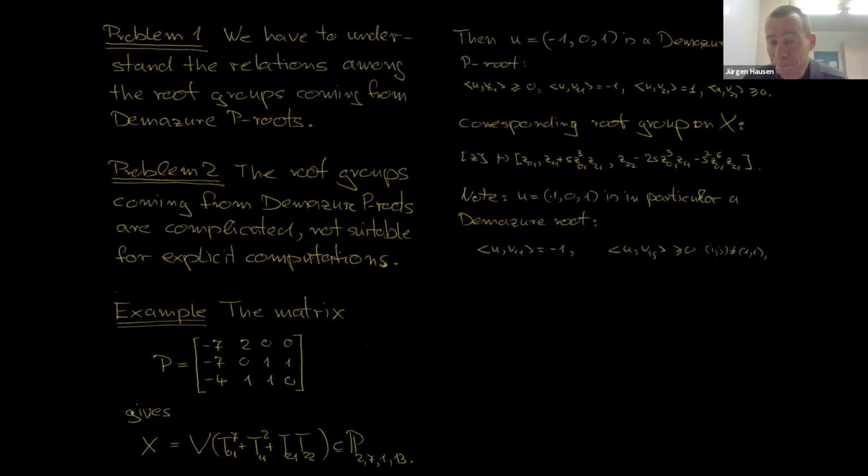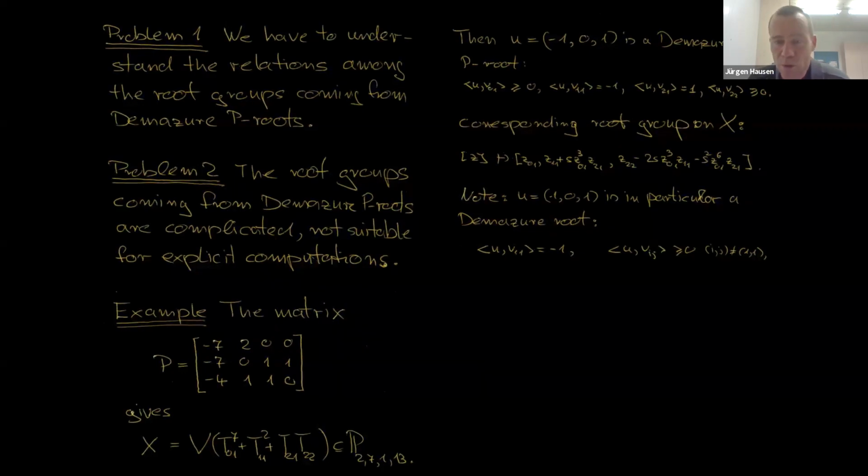the idea is another one. The first observation is that our u is a Demazure P root, so it's more specific, but on the other hand, it is also a Demazure root. It evaluates to -1 on one of the columns and non-negatively on the other ones.